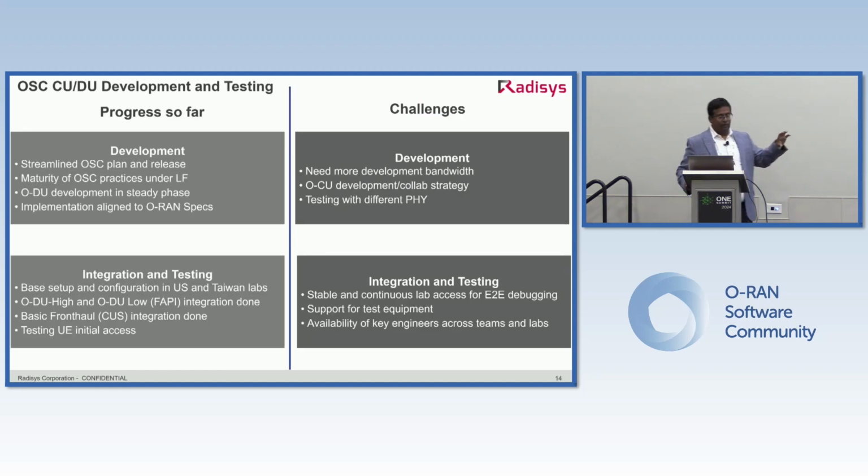And I would not read through the complete set of the issues and challenges here, but we have made significant progress in maturing the implementation of the software. Of course, most of the challenges are on the front of lab and integration, and that's where we are looking for broader support, not only collaboration but also the availability of infrastructure.